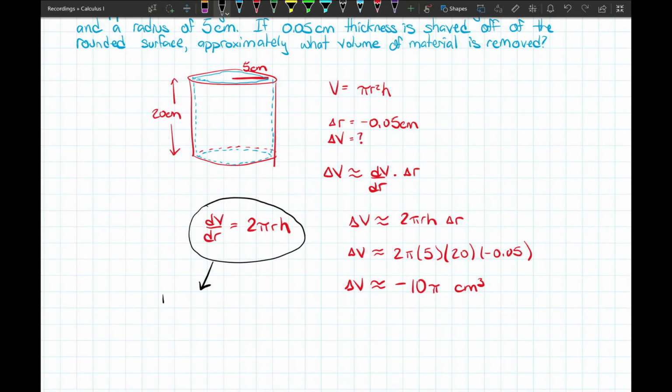We just say that the differential in v is equal to 2 pi rh dr. dr is the differential of r, and dV is the differential of v. And so using this idea, we can say that change in volume is approximately equal to the differential of volume, and that is equal to 2 pi rh times the differential in r.